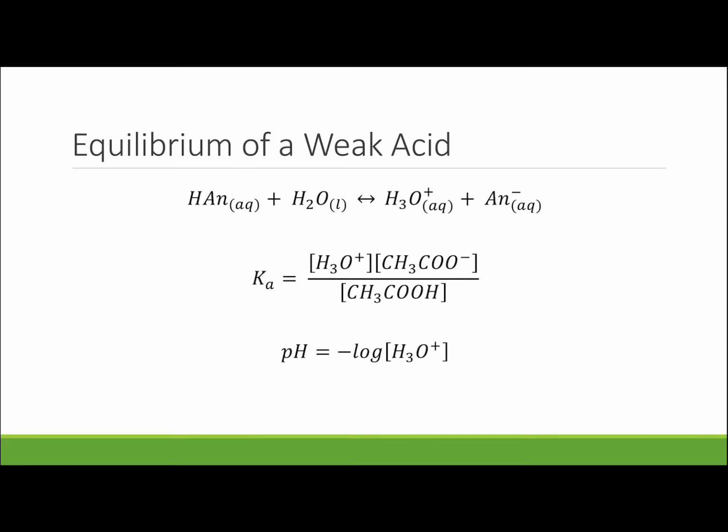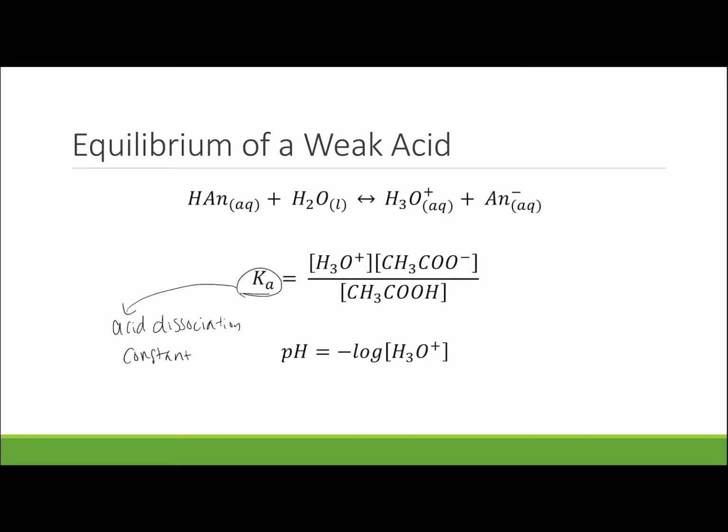Now, when we have a weak acid that gets dissociated, it has an acid dissociation constant associated with it, which we call Ka. And it tells you about how much of your acid itself has dissociated, giving hydronium and your anion.